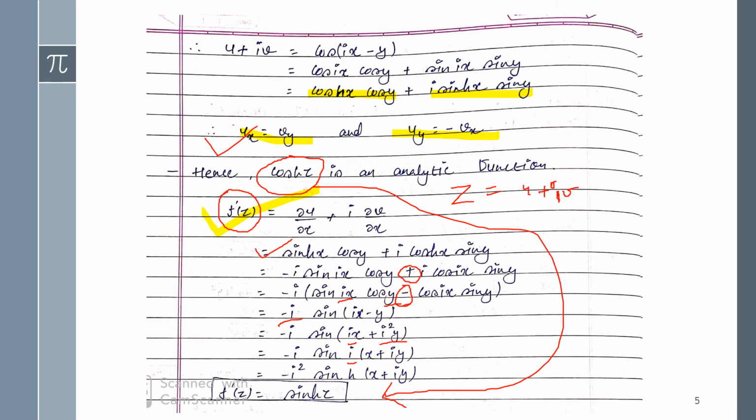You already know that, so you should realize that here you only have to bring sin hz. So that's why I have converted circular into the hyperbolic. And in place of x plus iy, in place of ix minus y, definitely you have to bring the z form, because as an angle you want here hz.